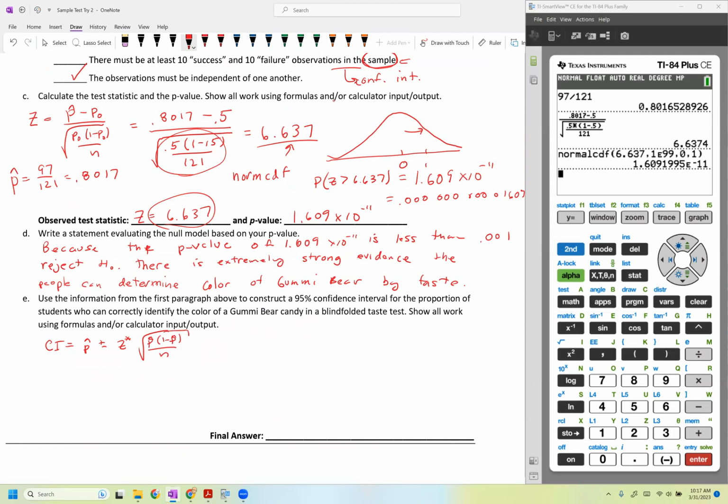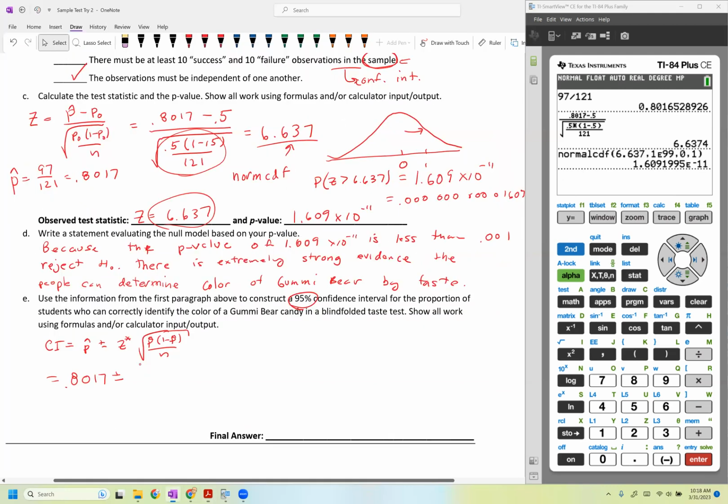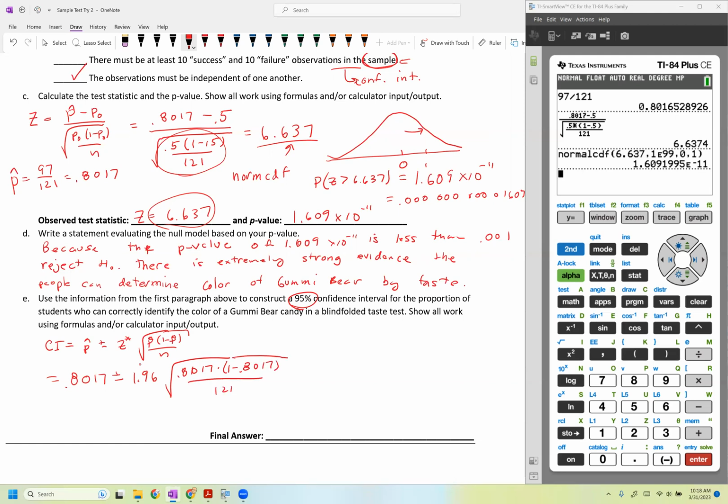And our p-hat value again was 0.8017. Our z-star value for a 95% confidence interval is given right here, the infamous 1.96, times the square root of 0.8017 times 1 minus 0.8017, all over our sample size of 121.